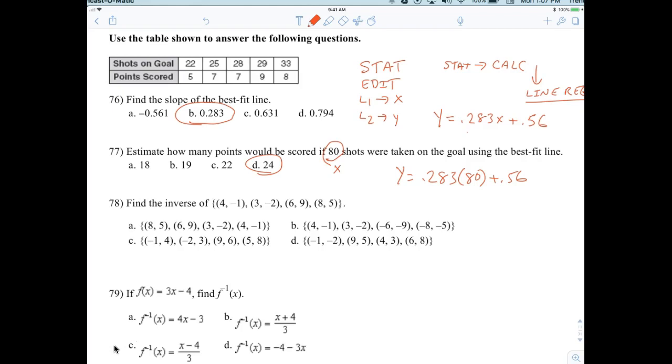You hear me on that? And then after you type in the x and y under L1 and L2, you go to Stat, Calculate, and then you do the linear regression. And just hit enter a bunch of times, and it goes through it.